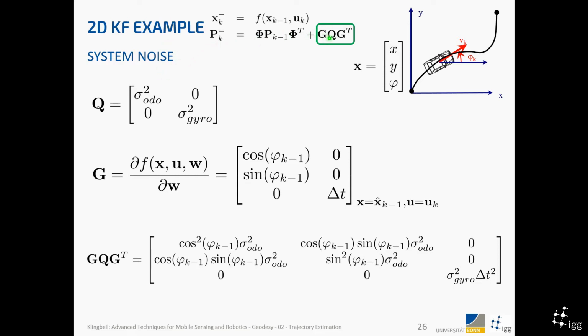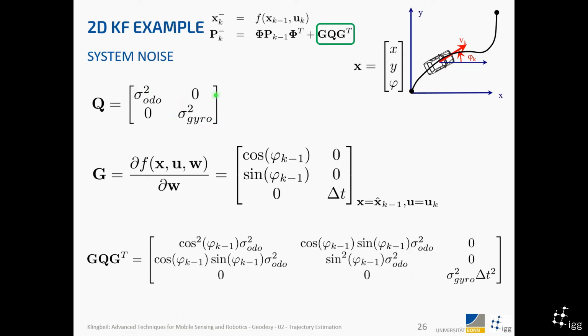This now tells us how to calculate this part here of the model. So we said that our Q matrix, our system noise, depends on the uncertainty of the odometer and on the uncertainty of the gyroscope.